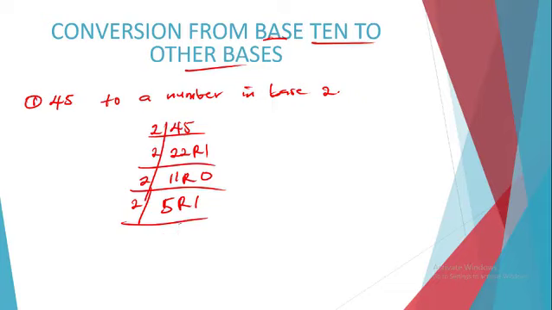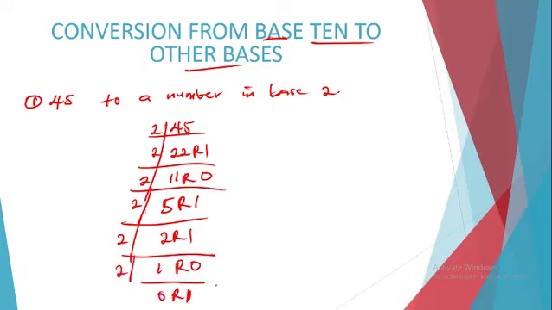Remainder 1. And then 2 divided by 2 will give us 1. Remainder 0. And then 1 divided by 2, since 1 cannot be divided by 2, we then have 0. Remainder 1. And then we'll now pick the remainders from down to top.